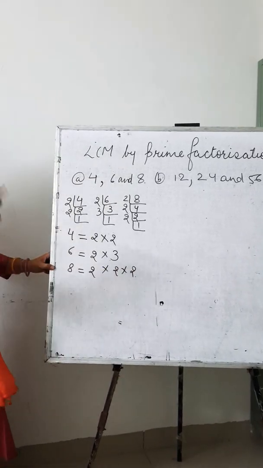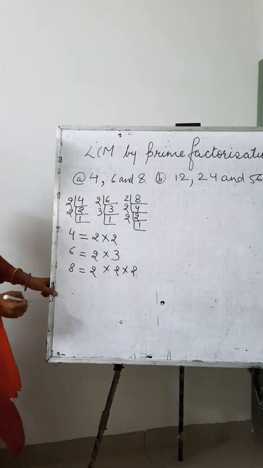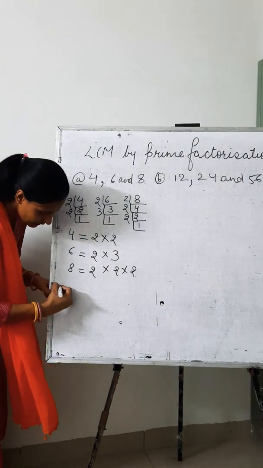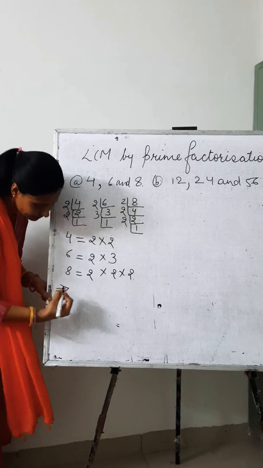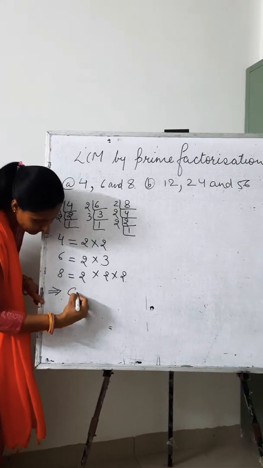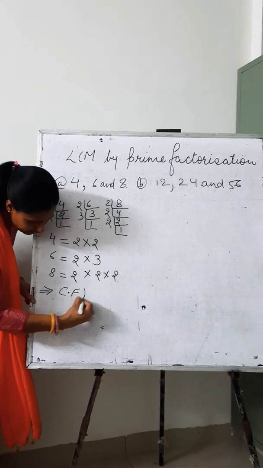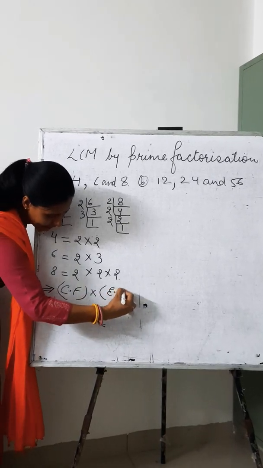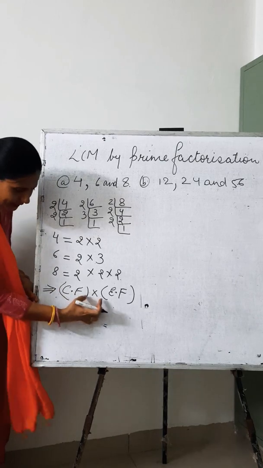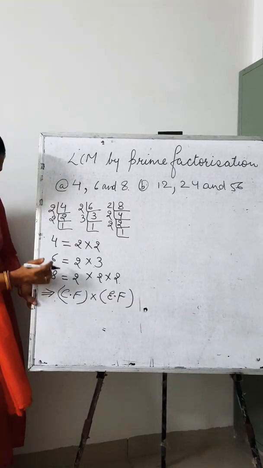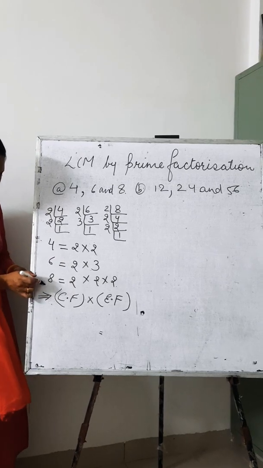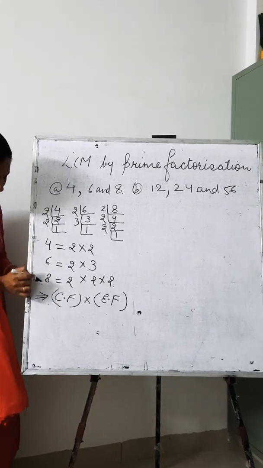Here children, you need to keep in mind that to find out LCM by prime factorization method, there is a formula: common factor multiplied by extra factor. What are the common factors? You need to find out common factors of these three numbers.